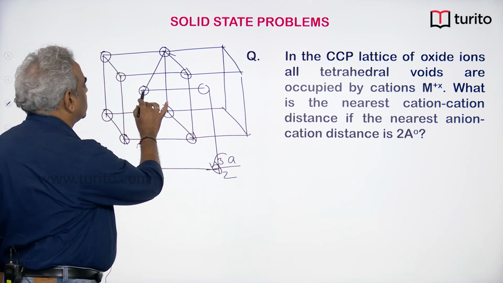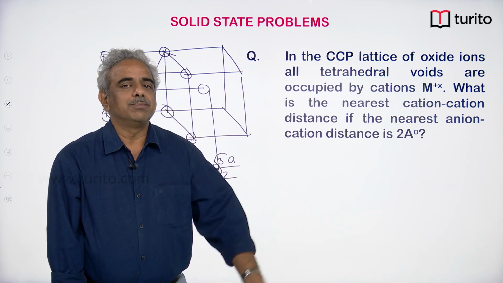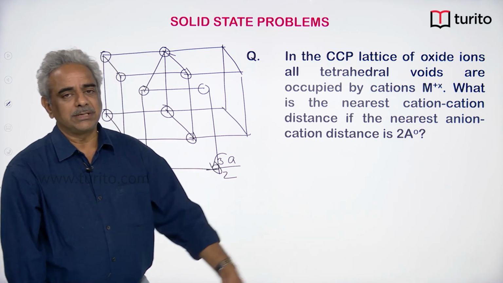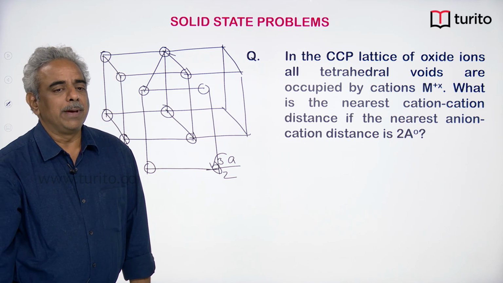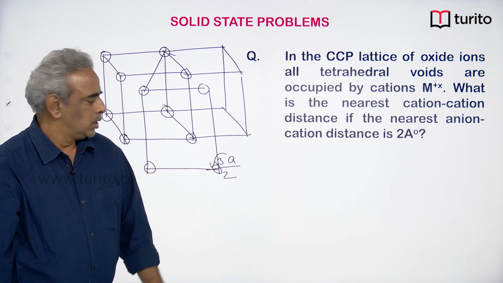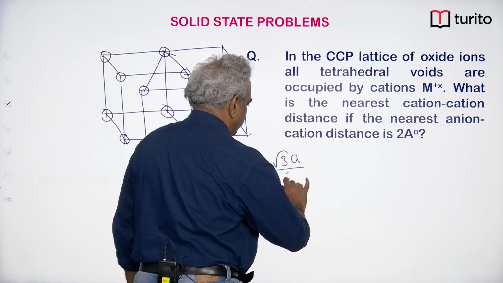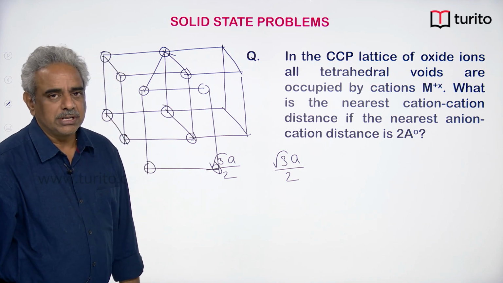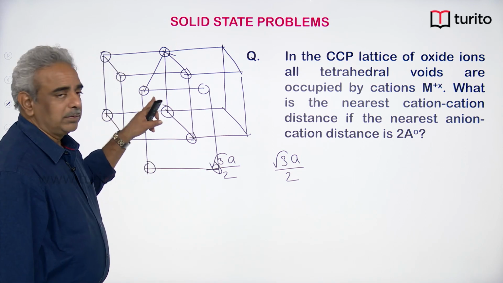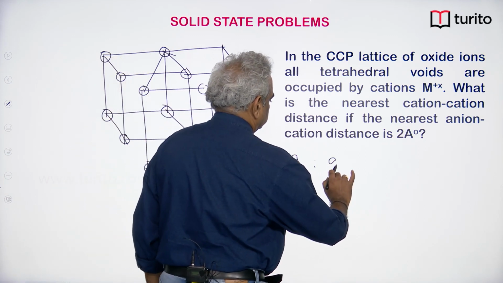Distance between two successive body center spheres in a body centered cubic lattice will be nothing but A only. So, root 3a by 2 is the first nearest distance from a particular sphere, second nearest distance is nothing but A.